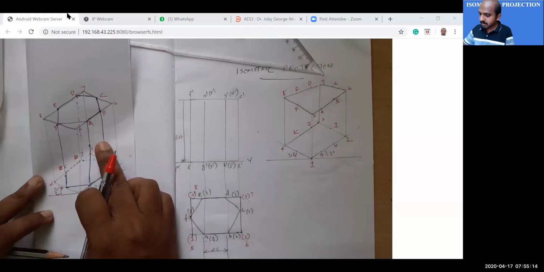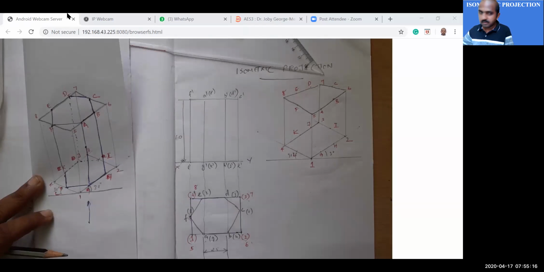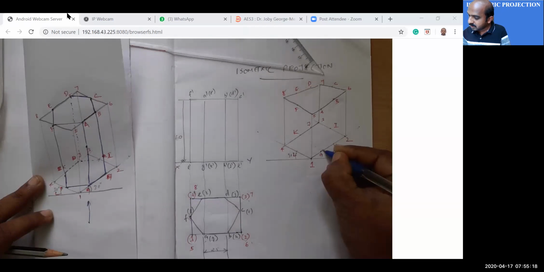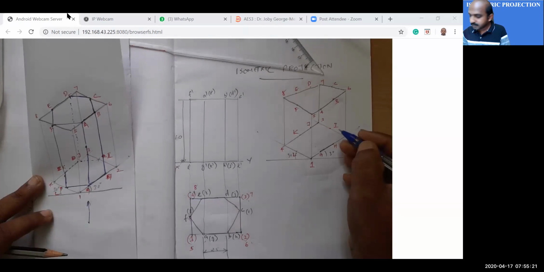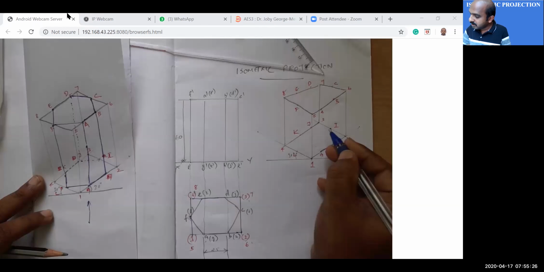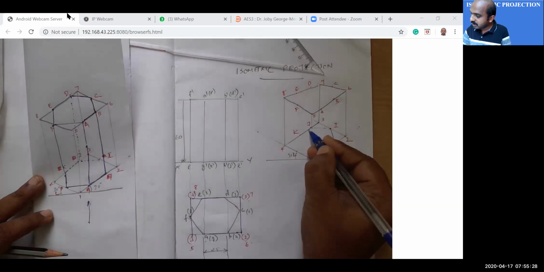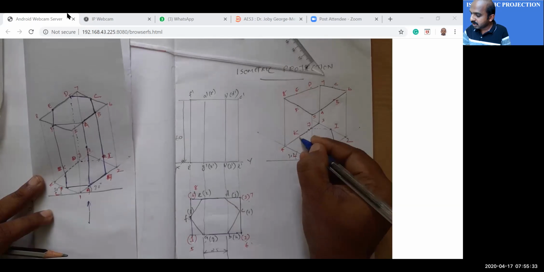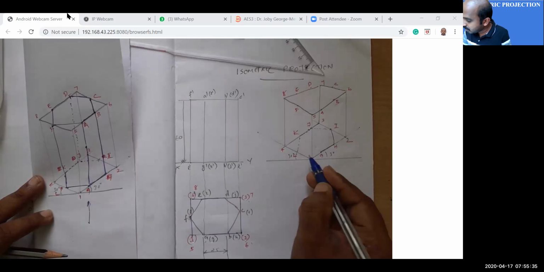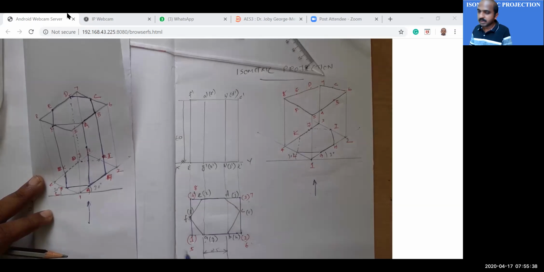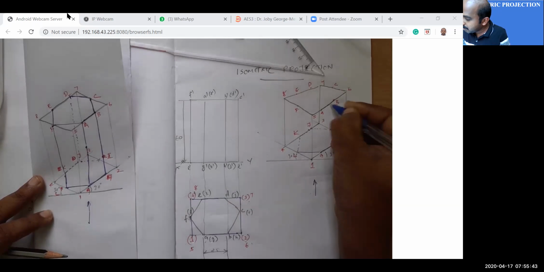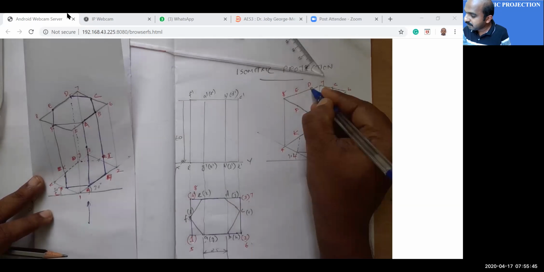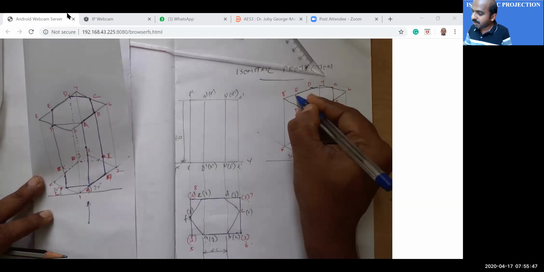You can see that now we can complete the solid. Here we can connect GH and IJ. J is hidden. Here also you are looking from this direction. JK is hidden and KL is hidden. So this is LJ. Now you think about the top: AB, BC, CD, DE, and EF.